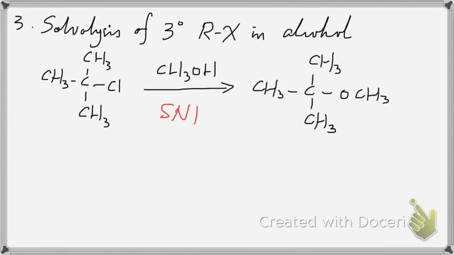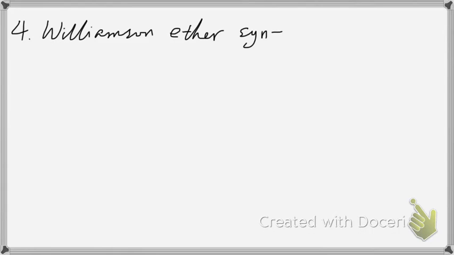Methanol serves as both the solvent and the nucleophile, so it will replace the Cl on the tertiary carbon. This is the SN1 reaction. It goes through a tertiary carbocation intermediate.